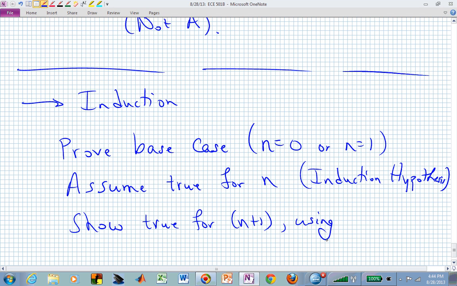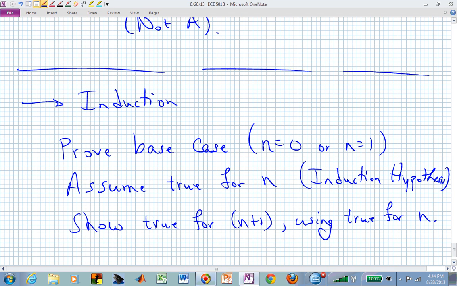You can use the fact that you're assuming that the formula is true for n. And if you can do that, then you've proven your result by induction.